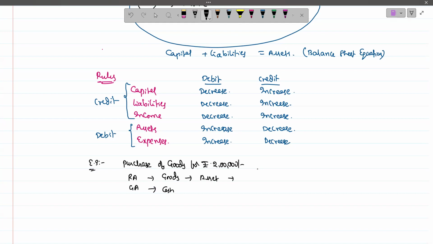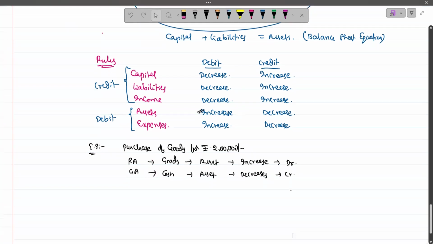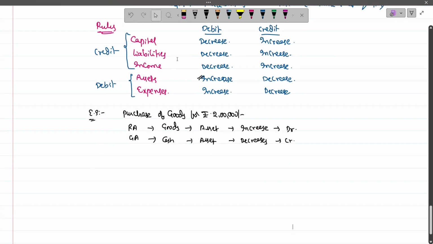If you receive the goods, the assets are increased. So increase in an asset is debited. Cash is also an asset. We are paying the cash, so the balance of the cash decreases, and the asset also decreases. So that account is credited.